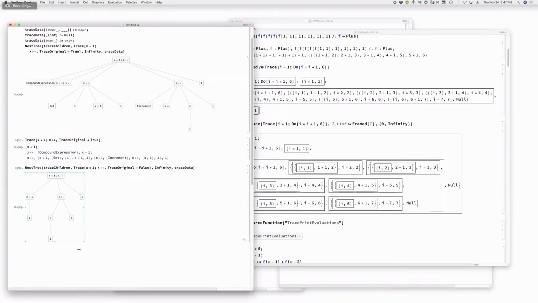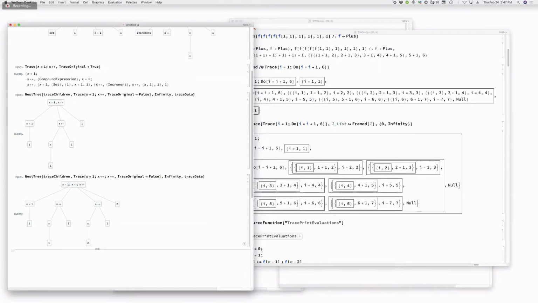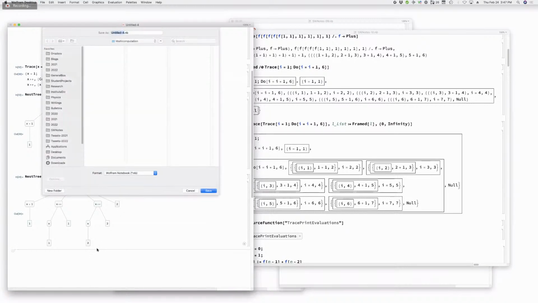Okay, let's do something more serious. In your notebook on the right, you have a function definition at the bottom. Maybe you could try a little recursive Fibonacci, like 3. Okay, but this is now a compound expression.